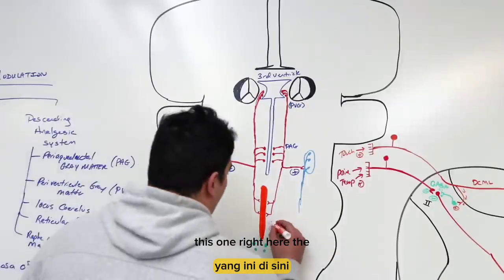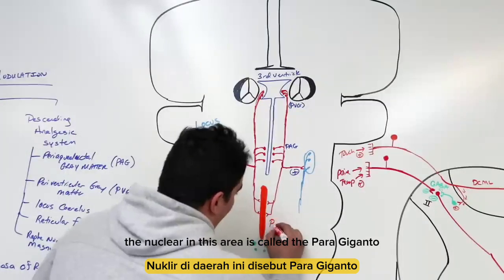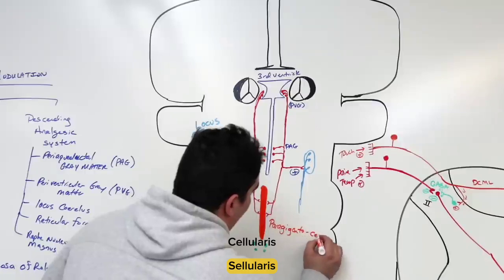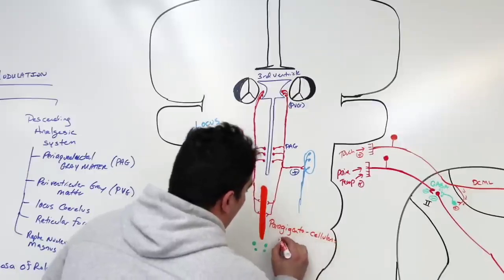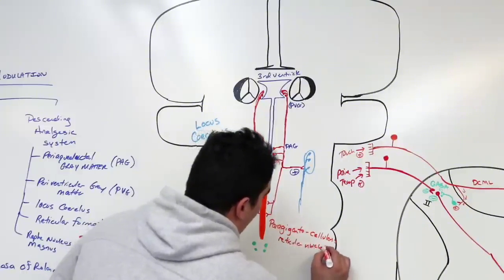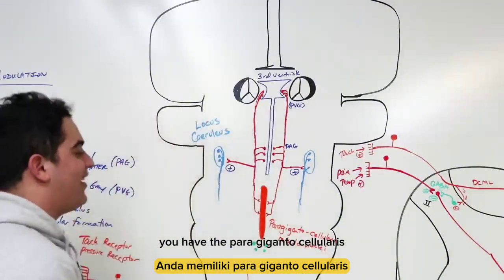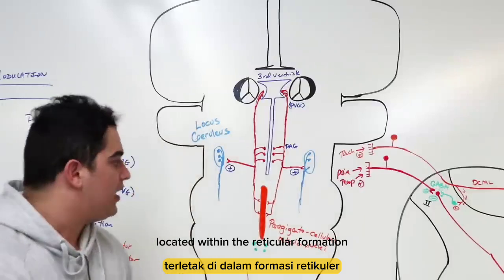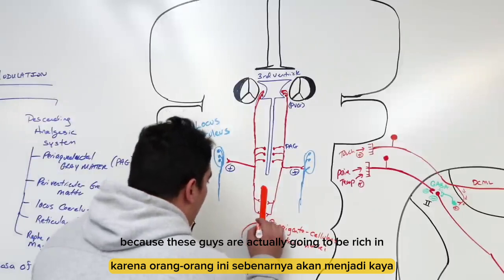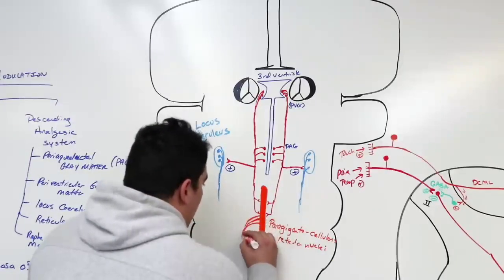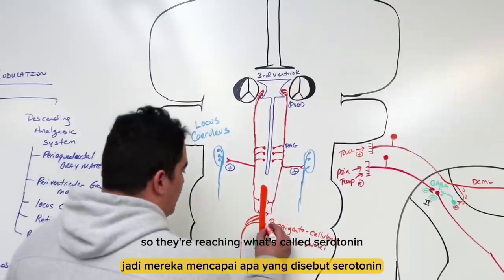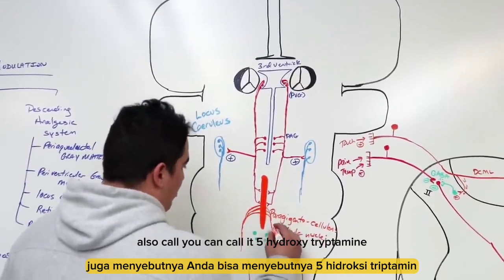The nuclei in this area are called the paragigantocellularis reticular nuclei. Okay, so you have the paragigantocellularis reticular nuclei located within the reticular formation. These are important. And again, why? Because these guys are actually going to be rich in another type of neurotransmitter, which is called serotonin. Okay, so they're rich in what's called serotonin, you can call it 5-hydroxytryptamine.